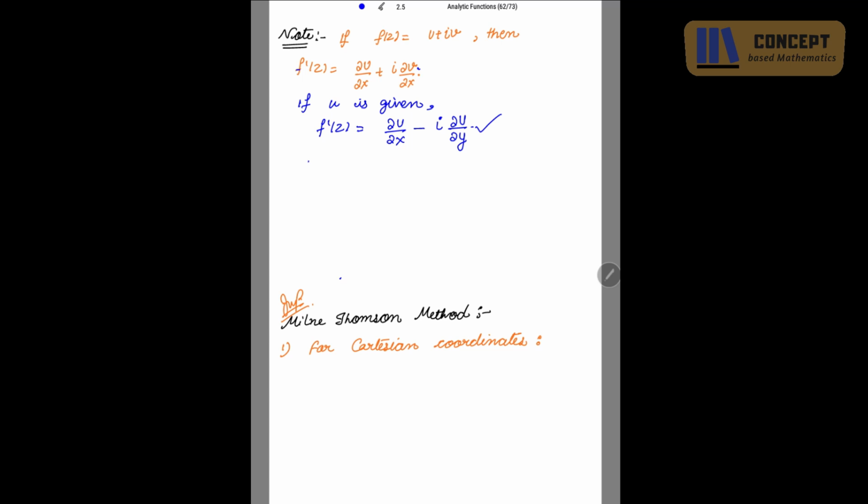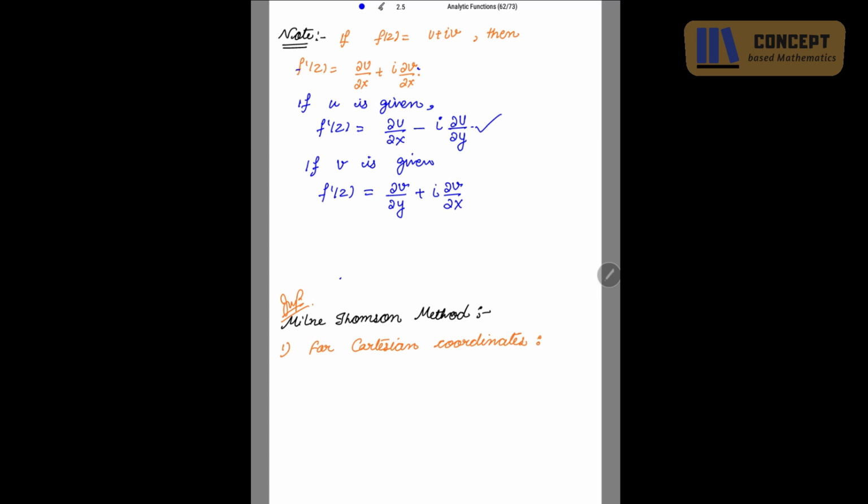Similarly, if v is given, then we can use the equation as f dash z is equal to, here now I change this del u over del x to del v over del y plus iota del v over del x.